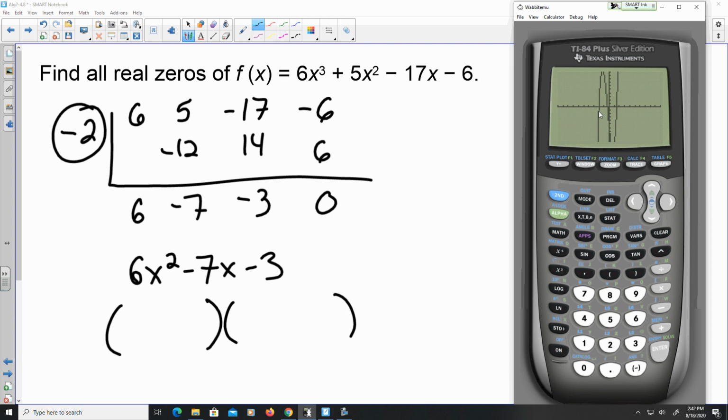I know that 3 is a prime number, so I'm just going to write 3 and 1. I know that the products of 6 are 2 and 3 and 6 and 1. All I know is that the difference of these two values plus the difference of these two values have to give me a -7.